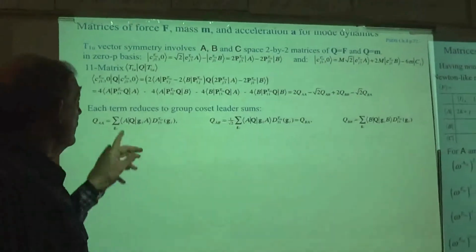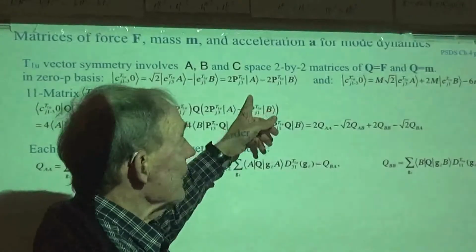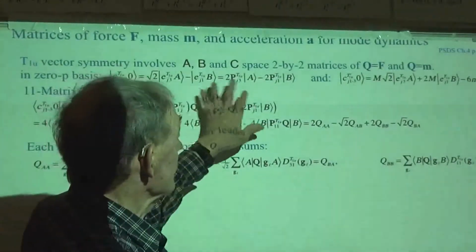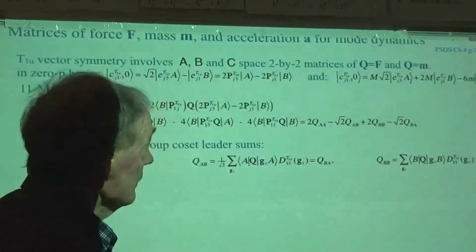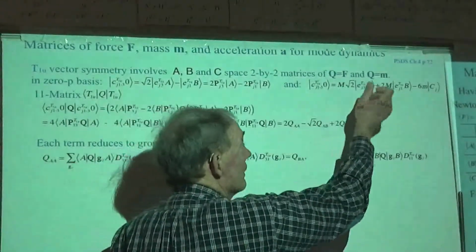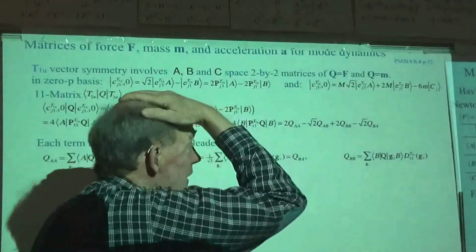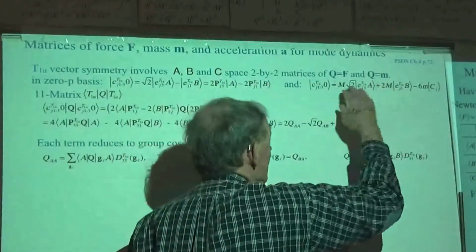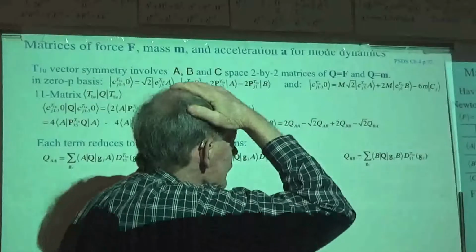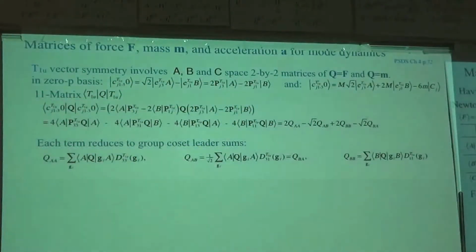I'm going to take the zero momentum basis, which consists of that thing, it doesn't have any mention of the masses of the atoms, big M for uranium and little m for the fluorine, but this guy right here, the second of our 2 zero momentum states, has got 3 terms.